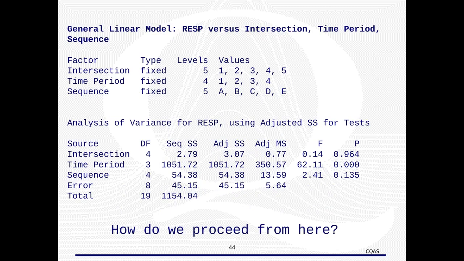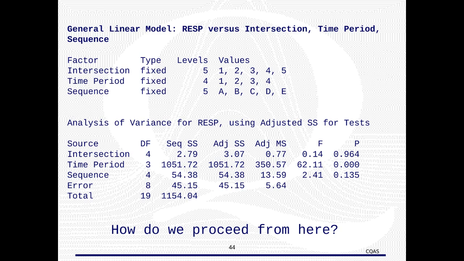Our design incorporates 3 factors: intersection location, time period, and sequence assignment. The analysis of variance table reveals critical findings about which factors meaningfully influence our response variable. The intersection factor shows no significant effect, with a p-value of 0.964, indicating that location differences are negligible.